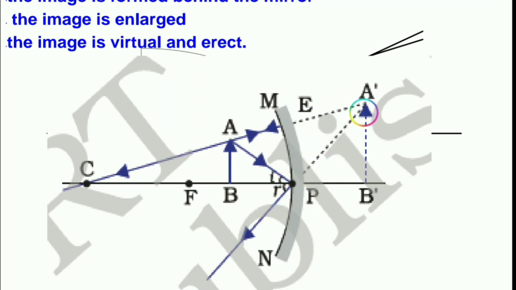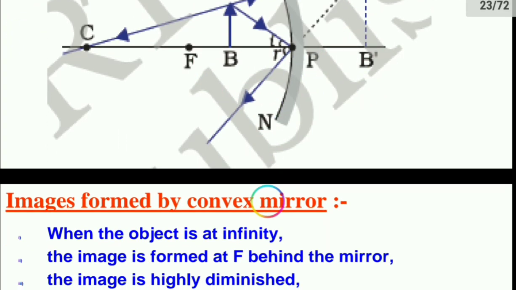Now see here, the image is formed behind the mirror. It cannot be seen. It cannot be visualized. So the image formed is behind the mirror. The image is enlarged. The image is virtual and erect. Remember, this is a contradiction to the concave mirror concept.